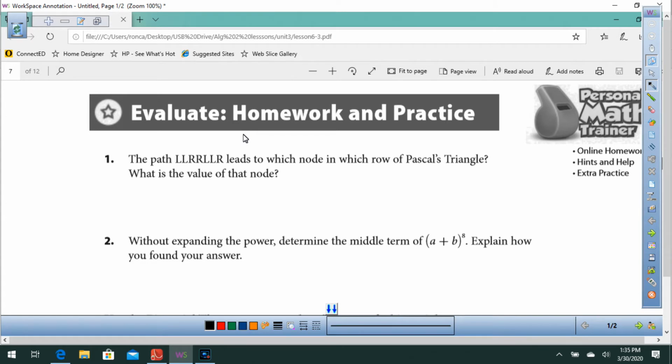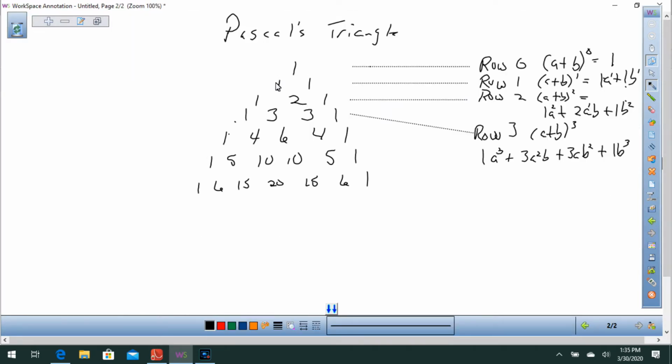Now let's go back here. It says the path left, left, right, right, left, left, right. So let's go look at our triangle. See if we did all that right.